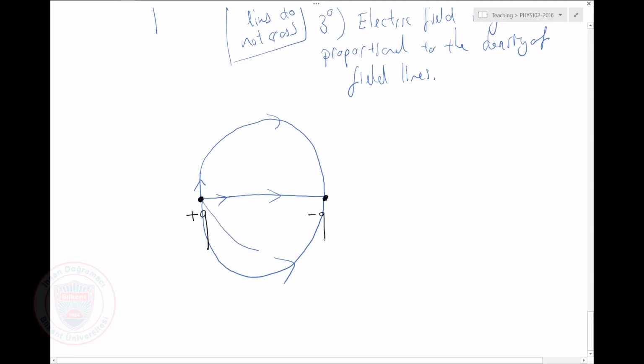Tangent along one, tangent along two. But I know that a field is a vector at each point. It's not two vectors at each space point. All right? So field lines do not cross, which means if I draw two lines, I can just fill in between them without crossing.